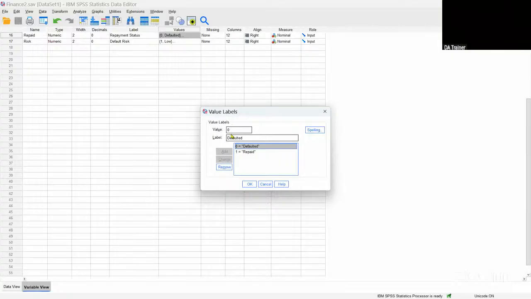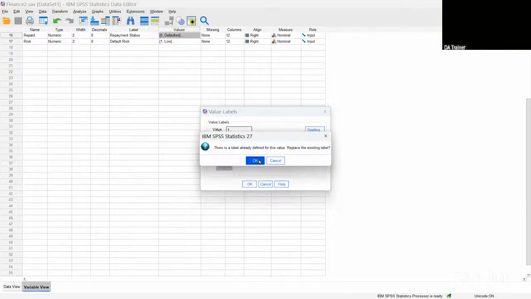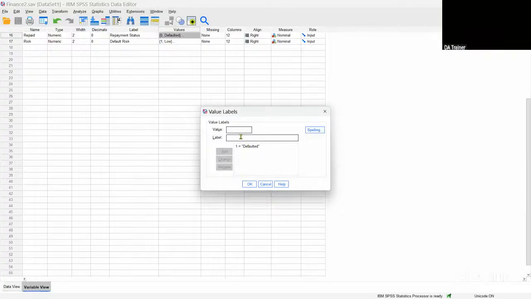You click on default, change default to 1, and then click on change, you say okay. Then change repay to 2 so that everybody will have their information there. Click on OK.